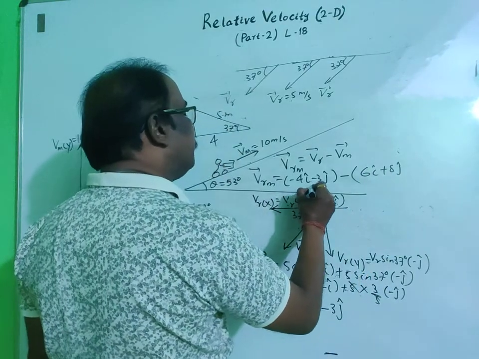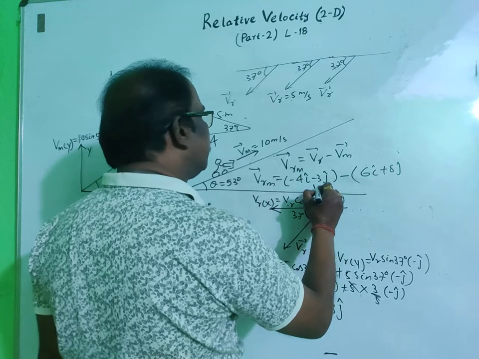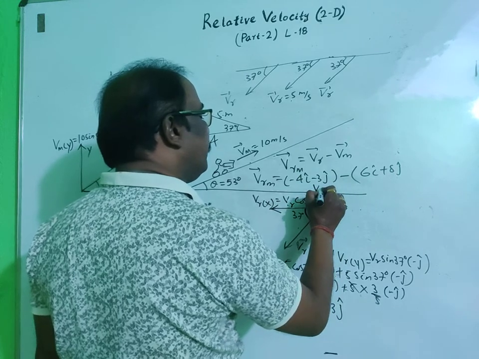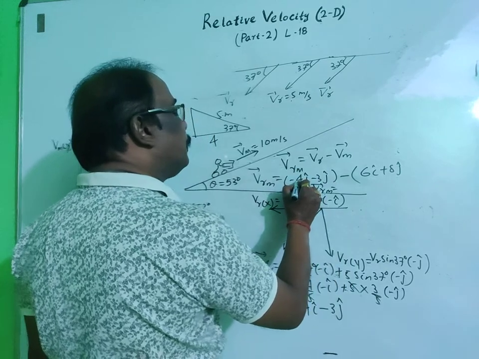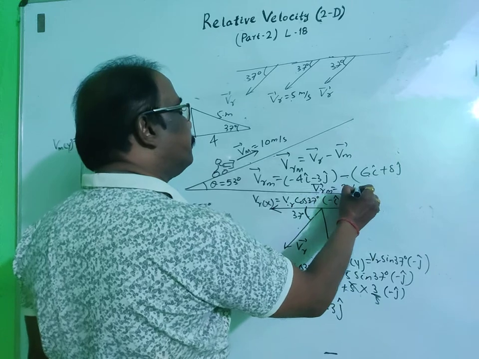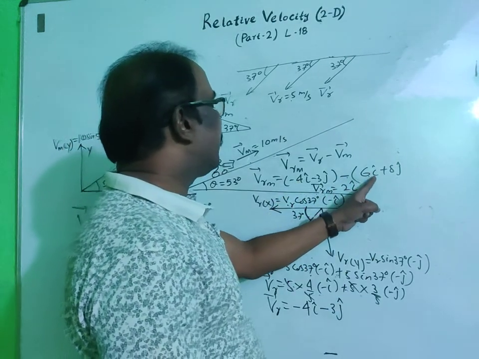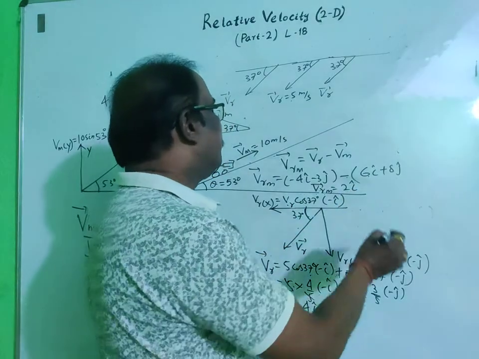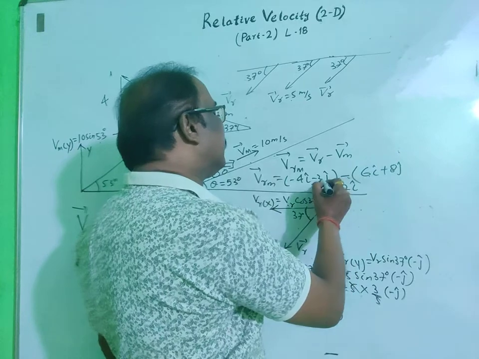Then solving it, we will get velocity of rain with respect to man as minus 4 i cap minus 6 i cap, and minus 3 j cap minus 8 j cap.